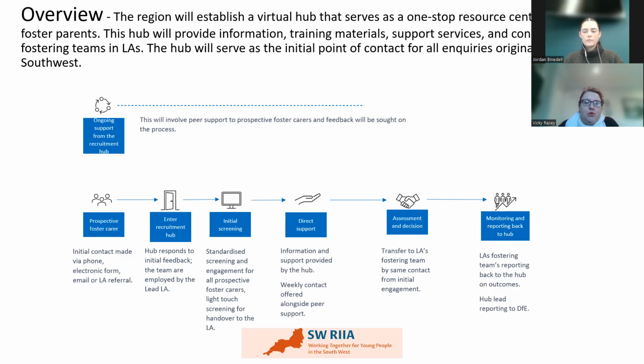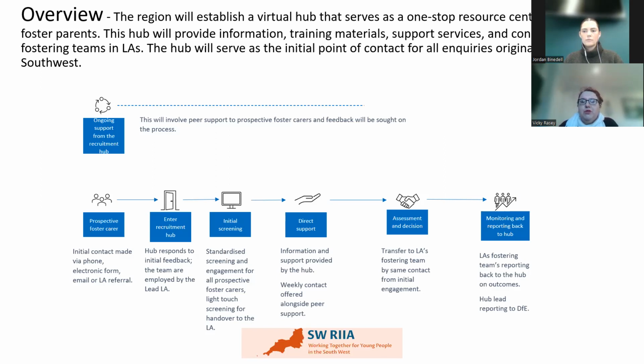At the top, you can also see overriding that is a peer support program, which includes experienced foster carers working with our prospective foster carers to support them and give them a buddy really early on in that process, which is probably earlier than we have done before in the region.